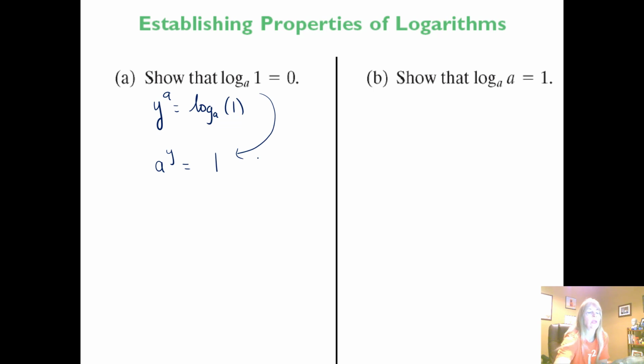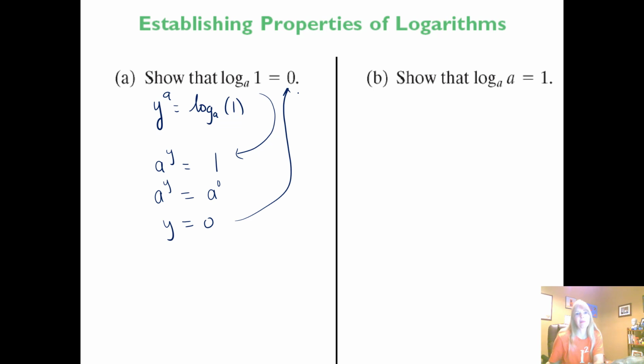Okay, so just going here based on our definition. And certainly I can see that I could rewrite 1 as a to the 0. Now we set our exponents equal to each other, and therefore that simply proves that y equals 0. Kind of a weird, strange proof, but that's all there is to it.